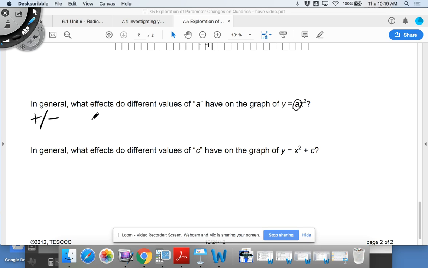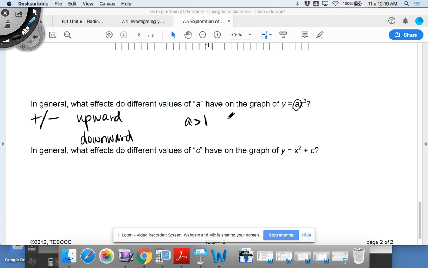So if it's a positive A, it opens upward. If it's a negative A, it opens downward. So it affects whether it opens upward or downward. And then if it's a big number in front, like 2, 3, 4, 5, what kind is it going to have? Greater than 1.